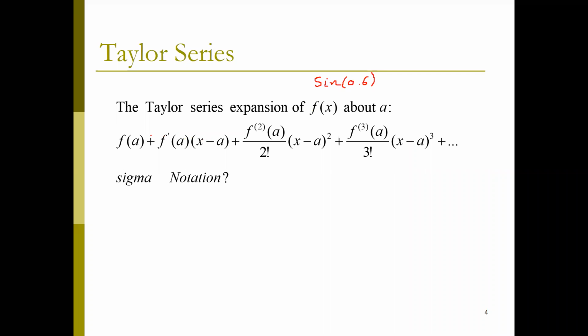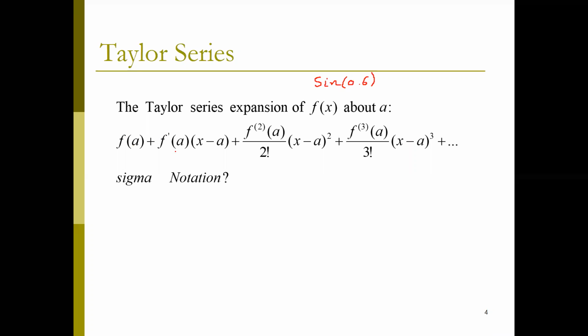What this series is: f(a) is the actual value of the function. We are not taking the first term as sine 0.6 because a is not 0.6. a is any number at which the value of sine is available. Suppose we already know sine 0.1, so we can expand sine 0.6 with the help of sine 0.1. So f(a) is the function value at a.